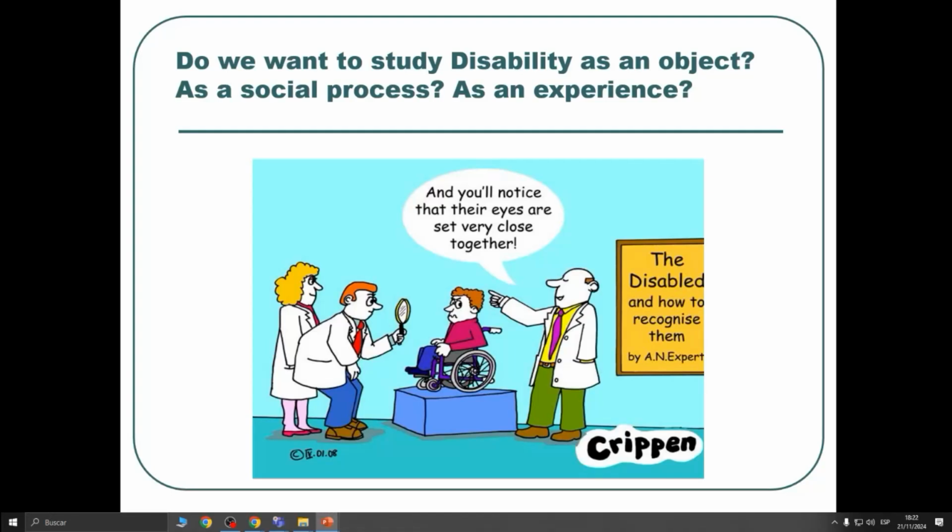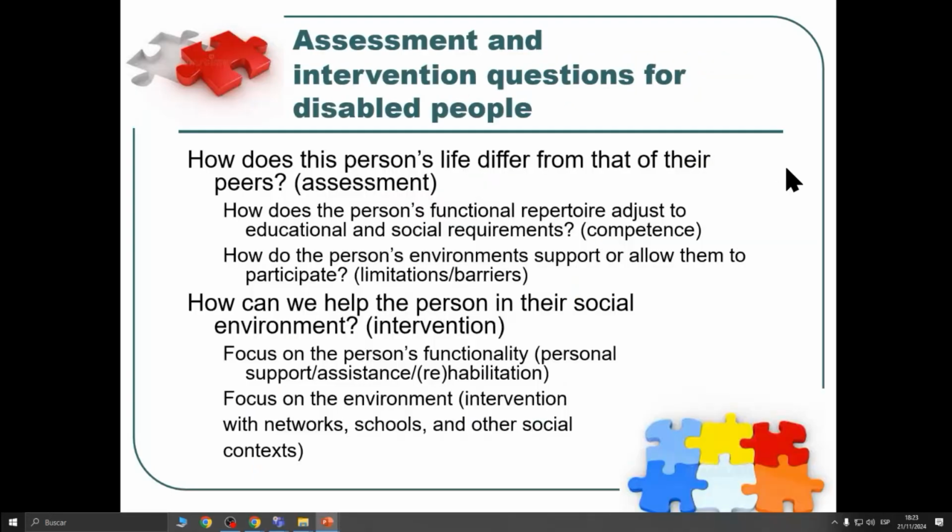Basically, in a social model of disability, we are not interested in disability as an object, as a thing that happens to persons. We are more interested in disability as a social process and as an experience, something which is experienced by persons who are subjected to disablement, in the process of trying to participate, trying to live in a society which is imposing certain limitations.